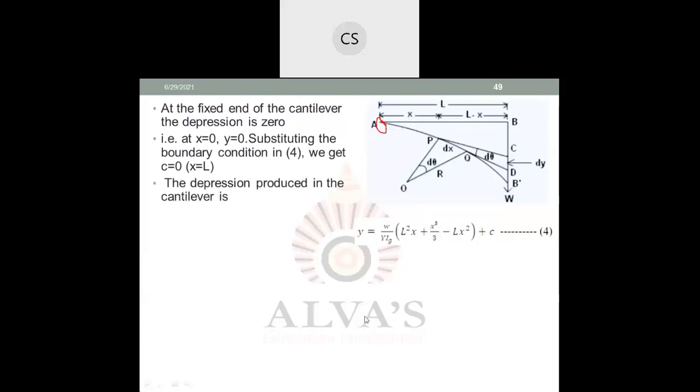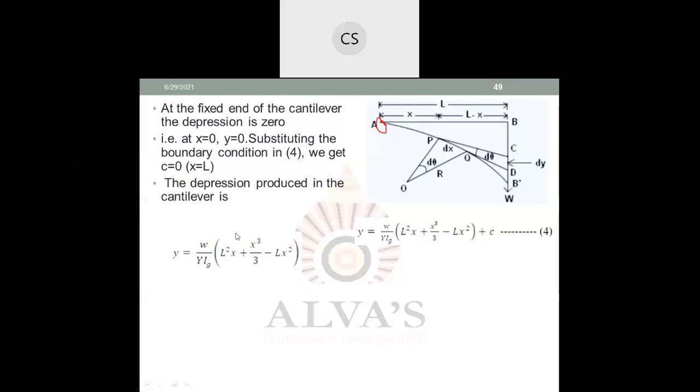So the depression produced in the cantilever, substitute the condition. So y is equal to W by Y Ig into (L square x plus x cube by 3 minus Lx square). So that means constant c is eliminated because c is equal to 0.